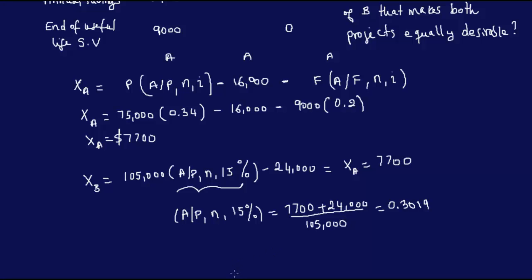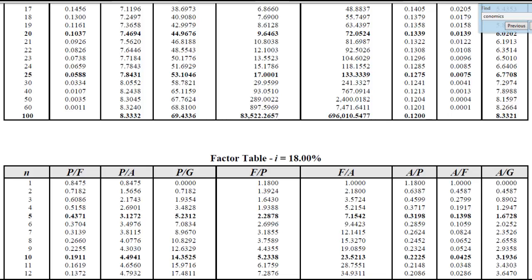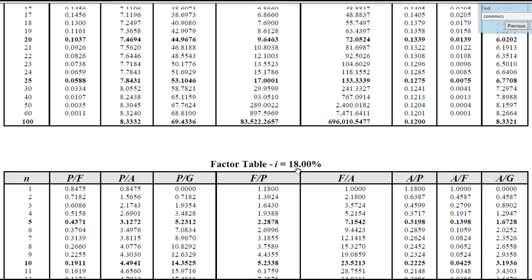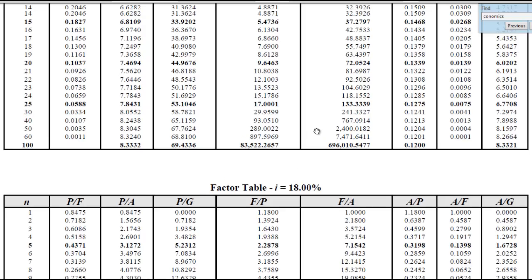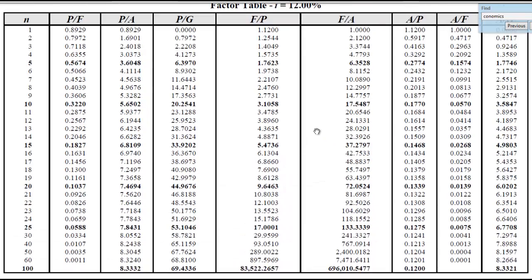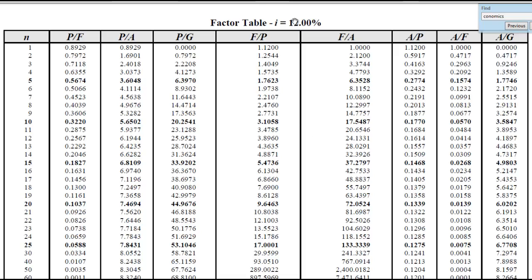So let's go back to the table and see if you can find that. Again, we don't have 15% here, so we have to go to the table and approximate. So for 12%, okay, this is for AP, we have 0.3292.